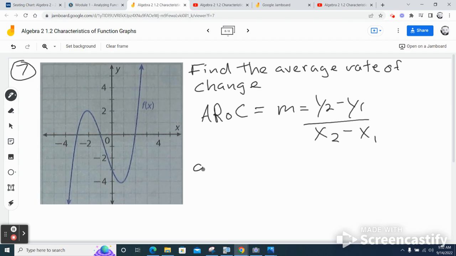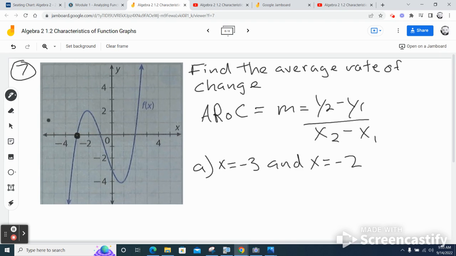And then they give us a bunch of x values. So for part A, they want to know the average rate of change between x equals -3 and x equals -2. So I'm going to come over here and go to x equals -3, which is here.